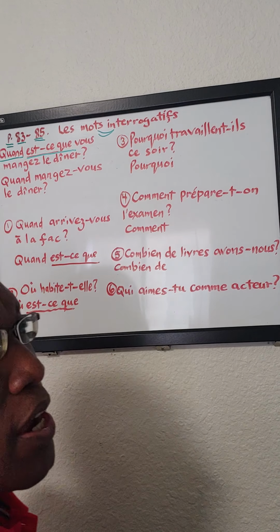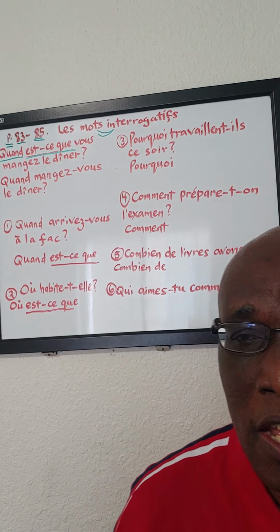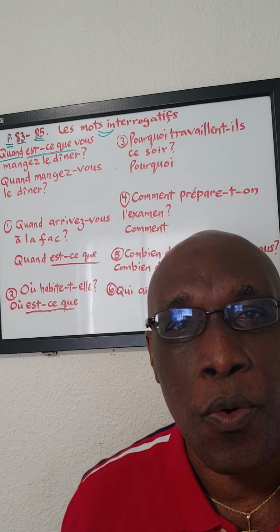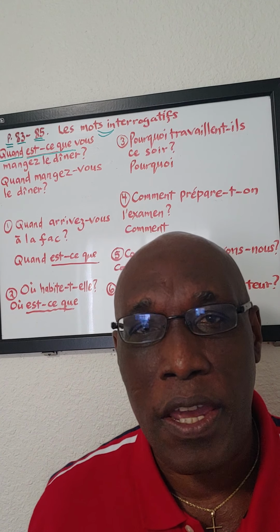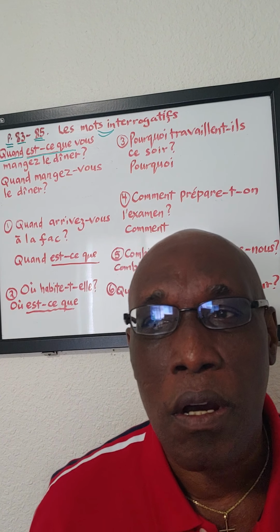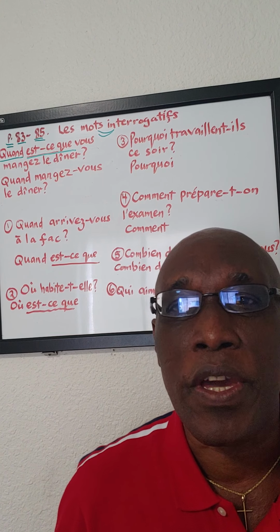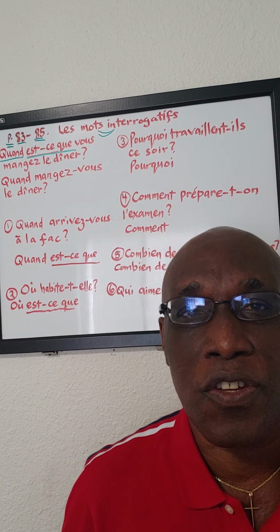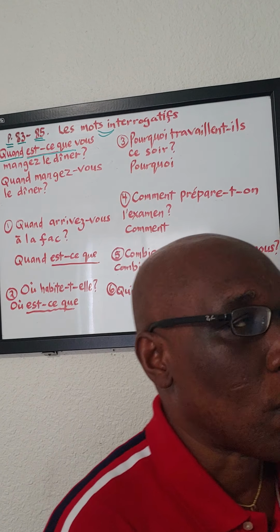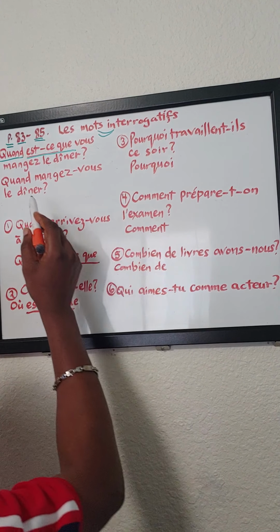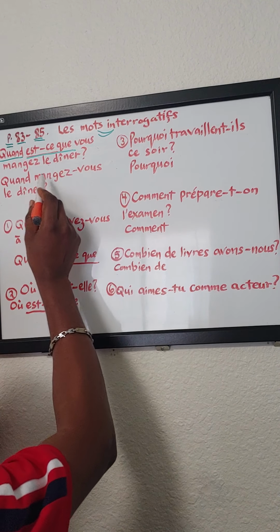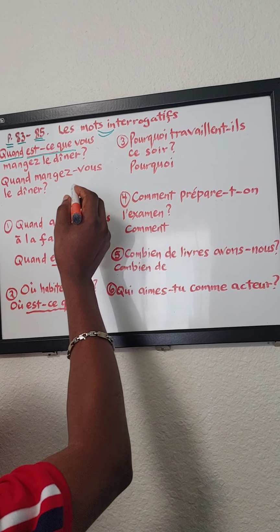Okay, it's pretty much, as we said in our previous lesson, an informal way, which is more common than what we are going to learn today, the inversion, right? So, now, when you say, quand est-ce que vous mangez le dîner?